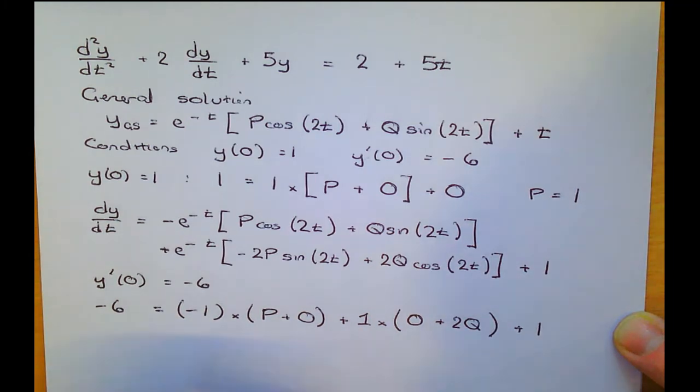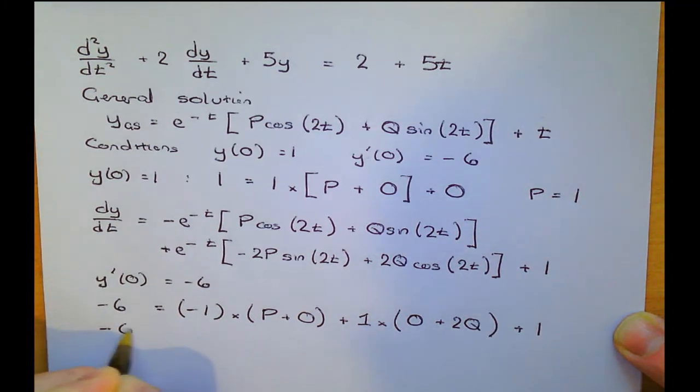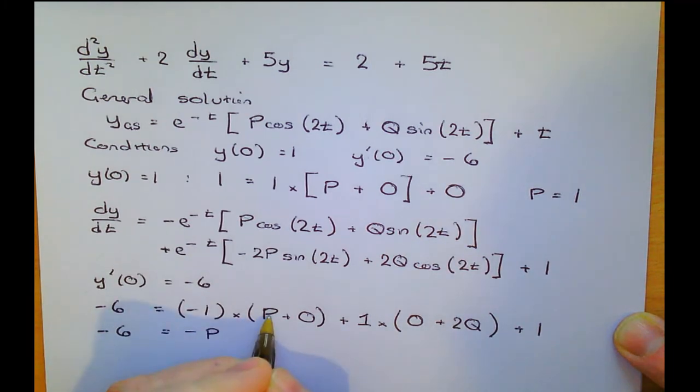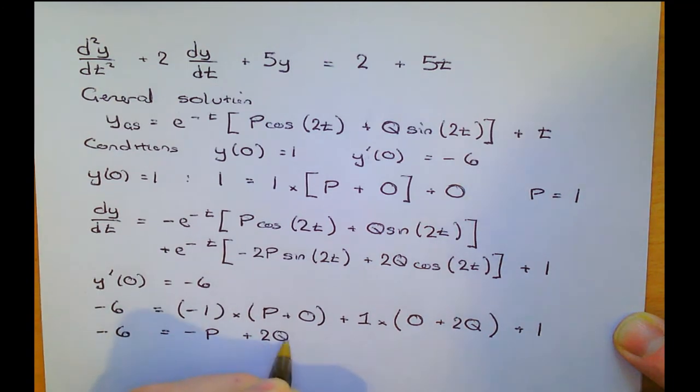So tidying up the right-hand side, minus 6 is minus p plus 2q plus 1.